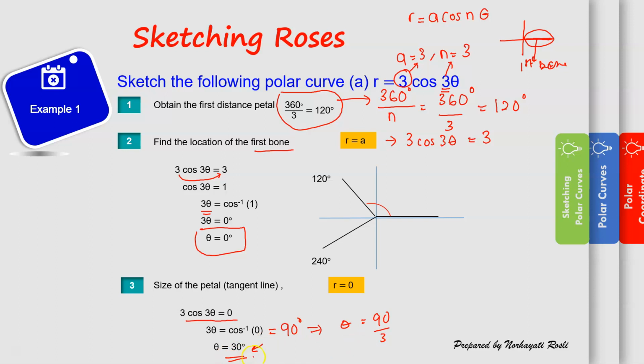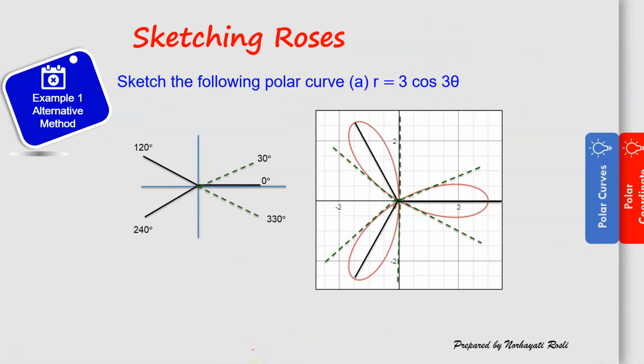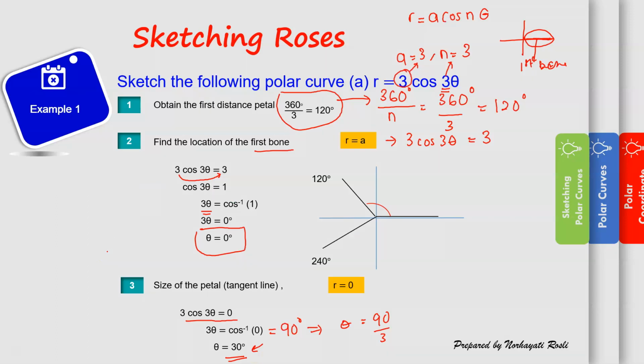What does it mean here? In this case, we know that we have the first distance petal of 120 degree. The location of the first bond is 0 degree, and the size of the petal is given by 30 degree.